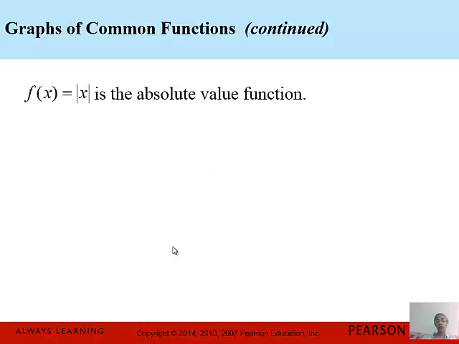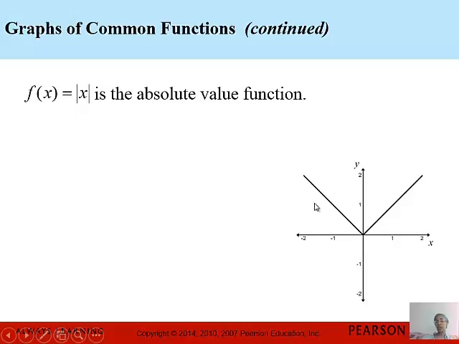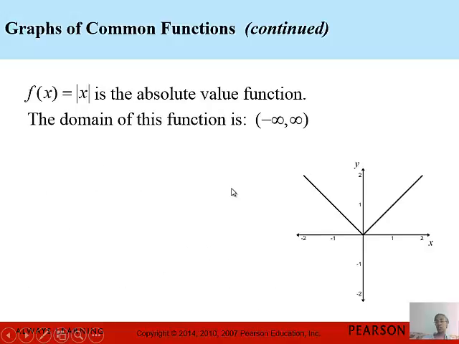The absolute value function is shown here. It looks like a V, where the point of the V is at the origin. So notice that the domain of this function is the set of all real numbers.